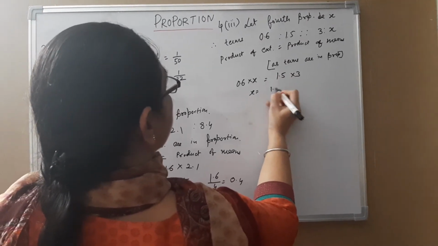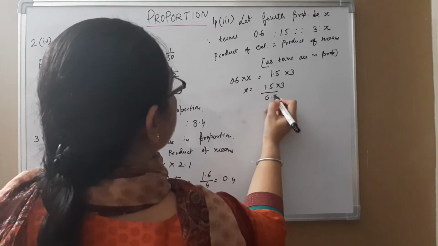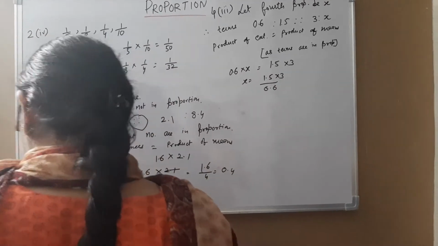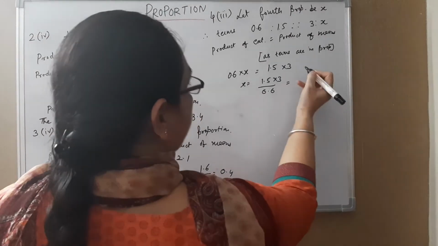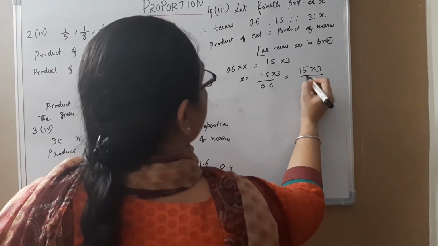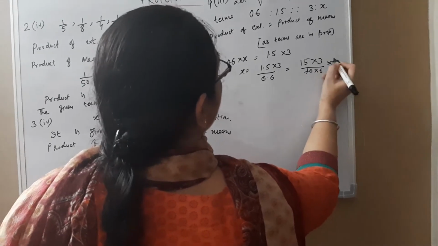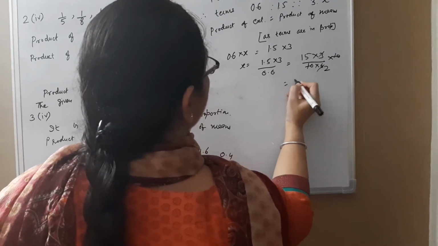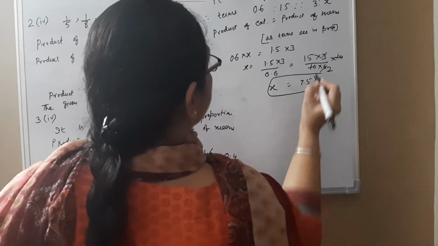So x is 1.5 into 3 upon 0.6. You can even convert these numbers into fractions and cancel, so we got x as 7.5.